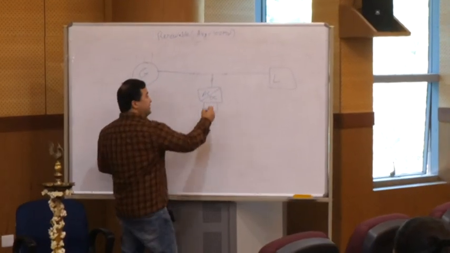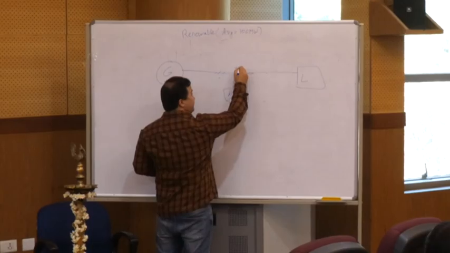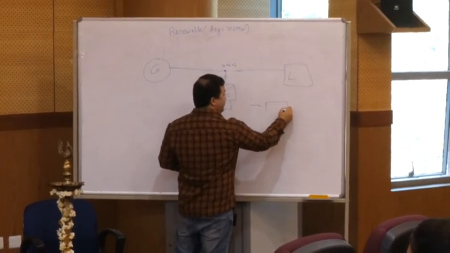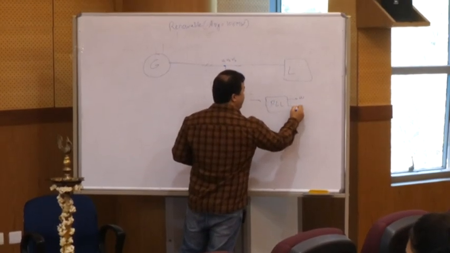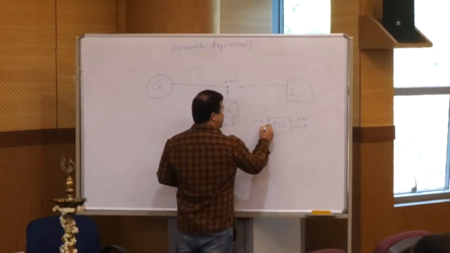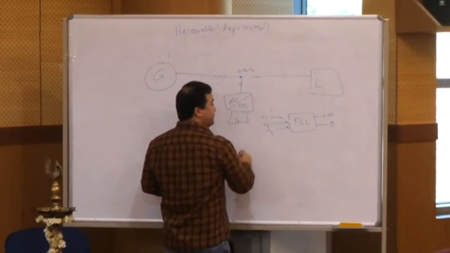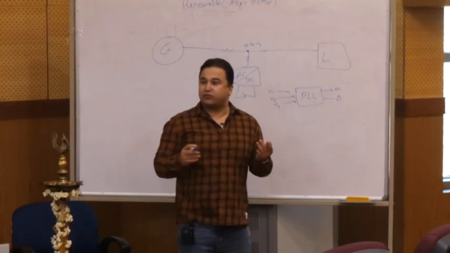So we said that we need the PLL to measure V1, V2, V3 and give it to the PLL, and we have omega and theta. So V1, V2, V3. So what is the benefit of such a measurement? Why do we need it?